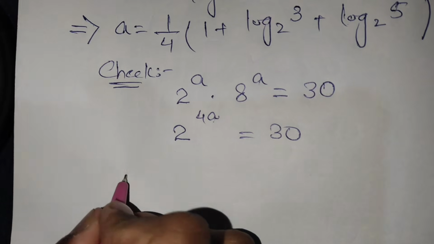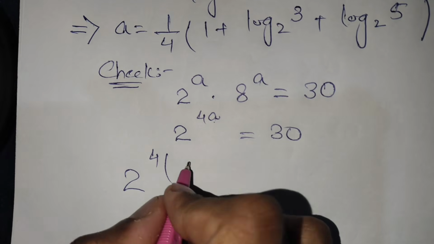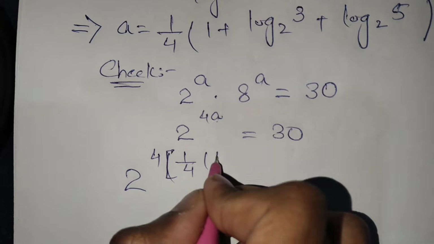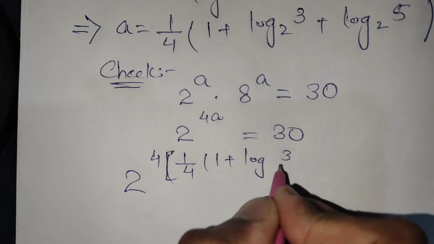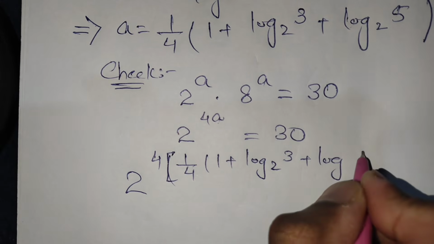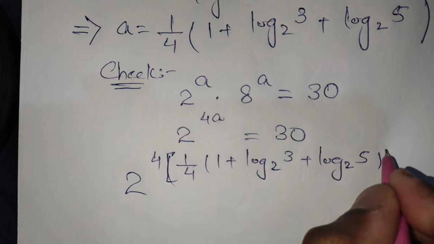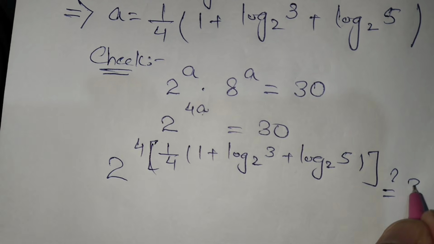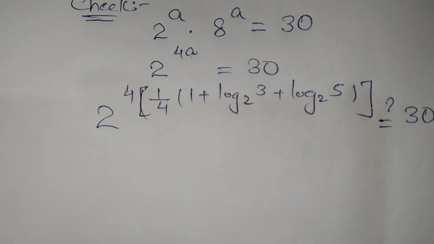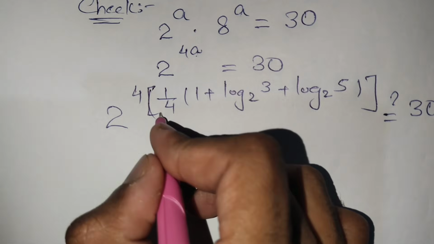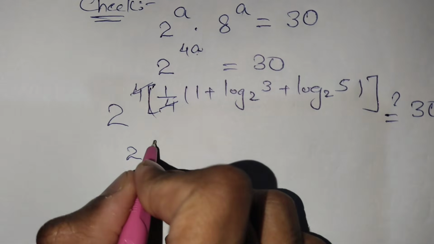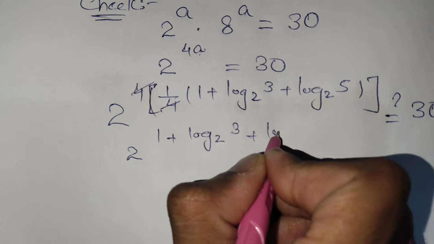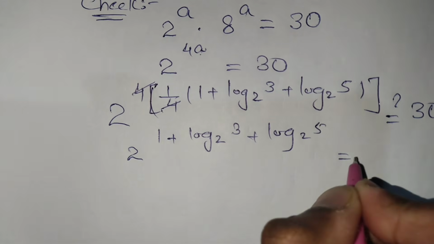It will be 2 power 4 times 1 by 4, 1 plus log of 3 with the base 2 plus log of 5 with the base 2, is equal to 30. This 4 cancels with this 4. 2 power 1 plus log of 3 with the base 2 plus log of 5 with the base 2, equals 30.